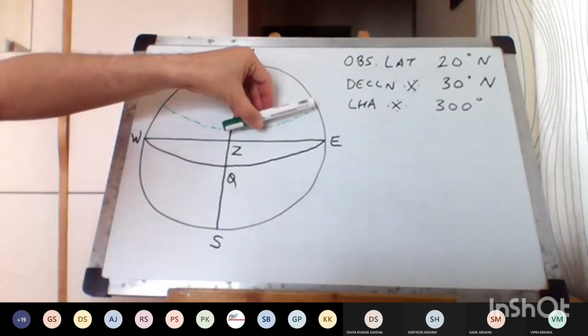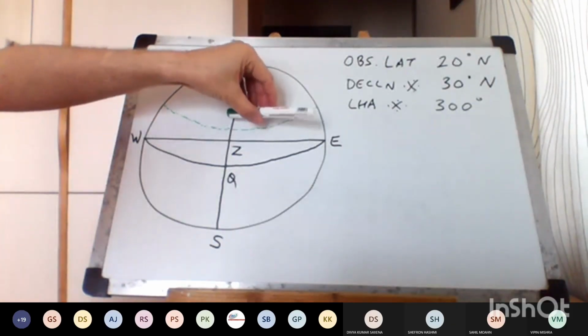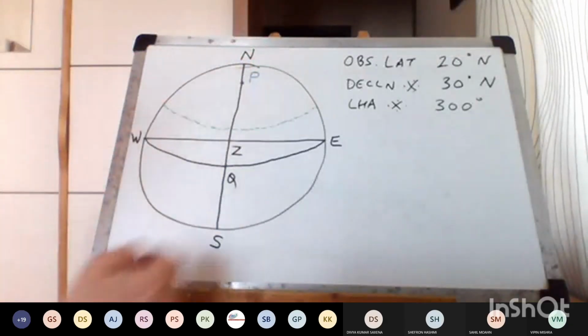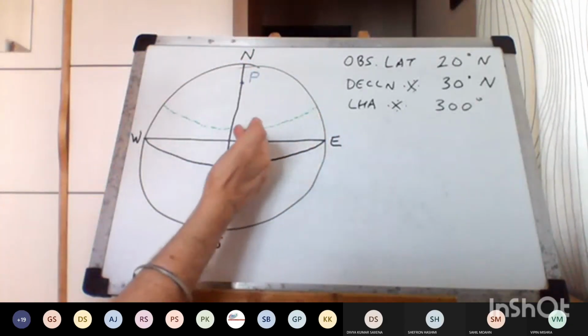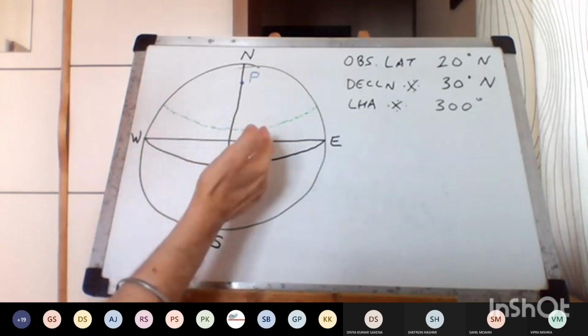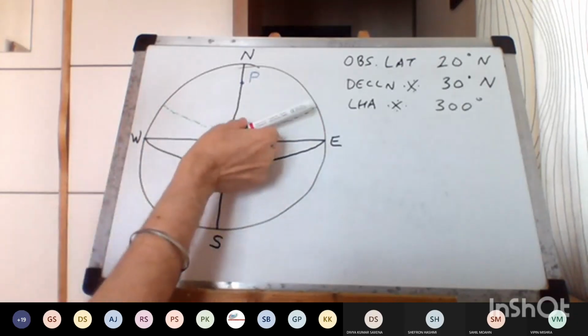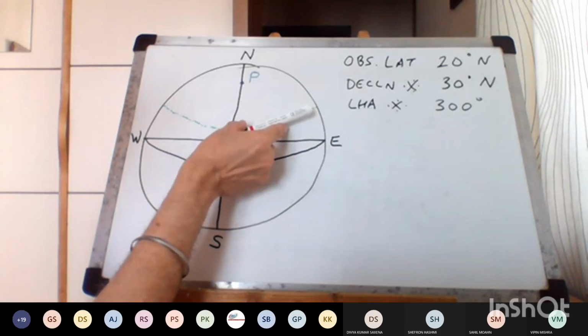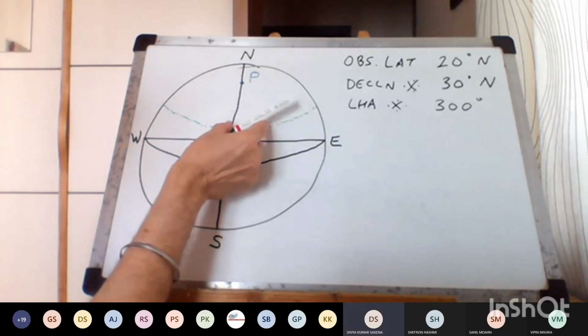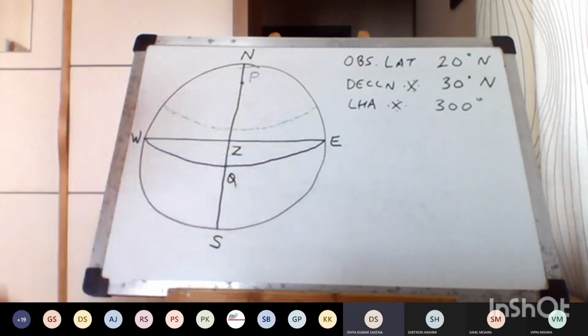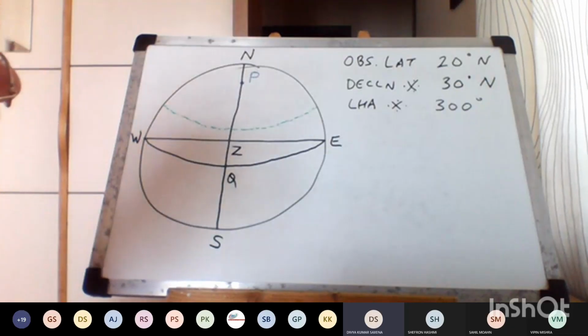In between, what will happen to the bearing? We have to see. The bearing keeps changing. From here, when I observe, it will start decreasing till the observer's meridian, then start increasing.